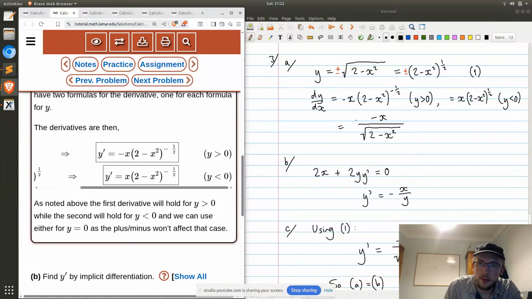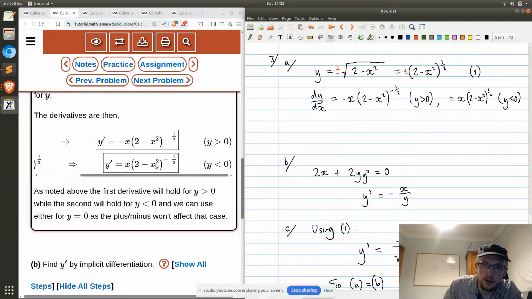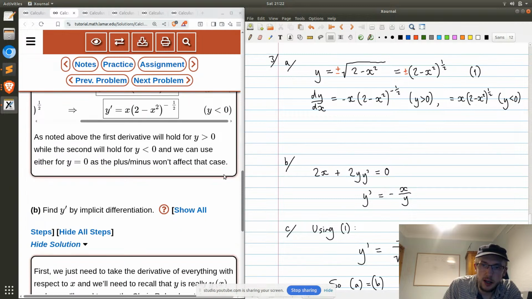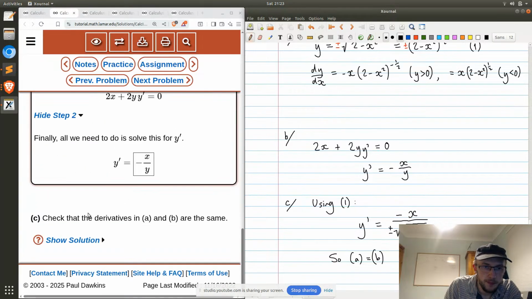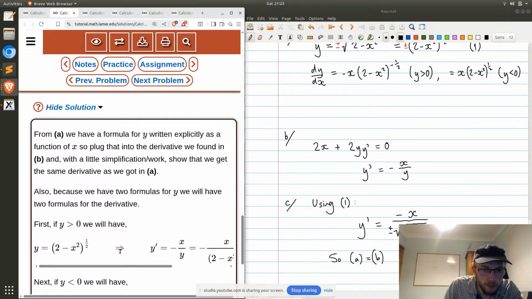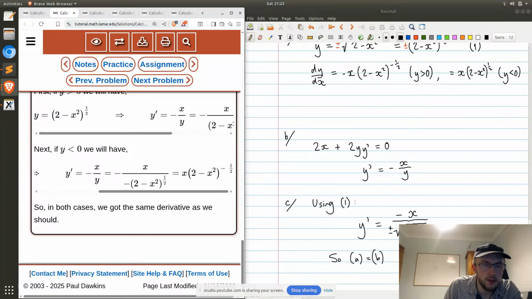And therefore, this is not actually right. You see? So a lot more care has to be taken there. Okay, for this part here, well, we got this plus or minus business down here, don't we? Right, okay.